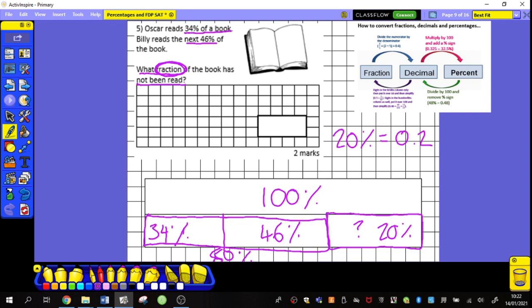And then to get from the decimal to the fraction, if I have a digit only in the tenths, I'm going to put it over 10. So that must equal 2 tenths. Now in year 6, that wouldn't get me the mark because I need to simplify. I know I can divide the numerator and denominator both by 2 to get me 1/5. So the fraction of the book that's not been read is 1/5.